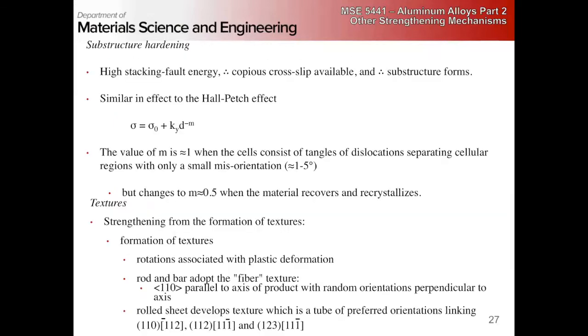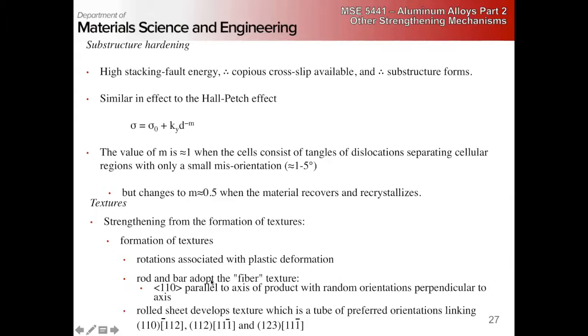And we talked about textures. Right, how textures form, the rotations associated with plastic deformation, and that under certain deformations we tend to get predominant textures.